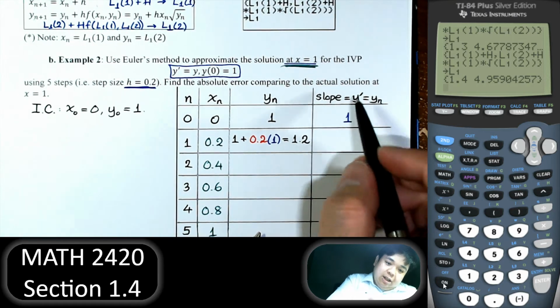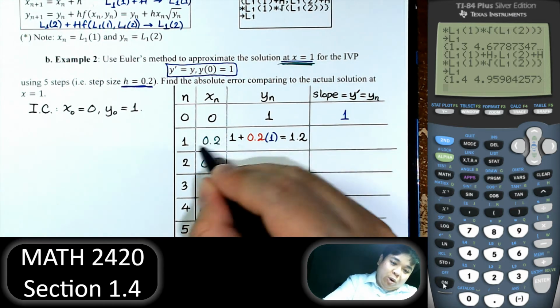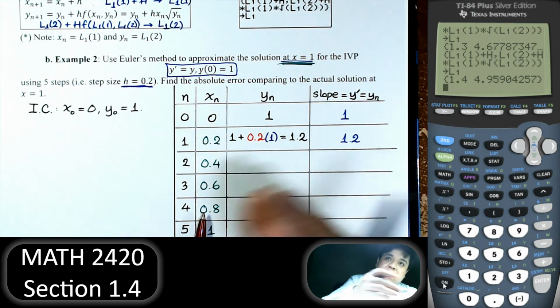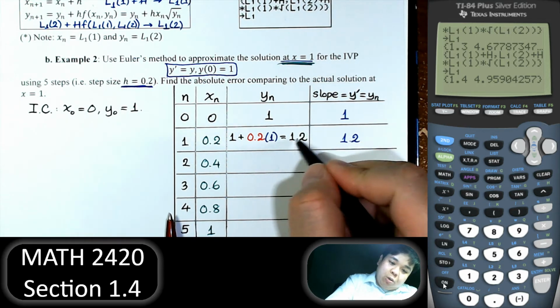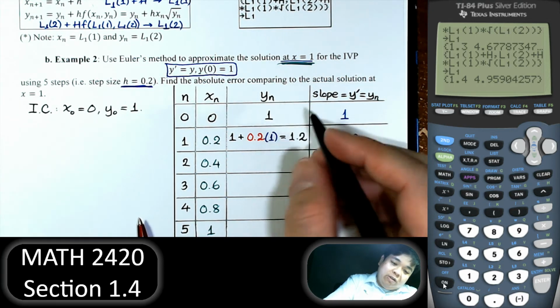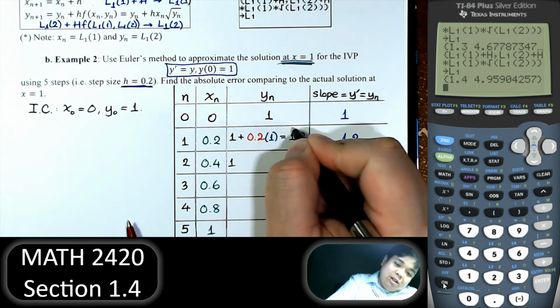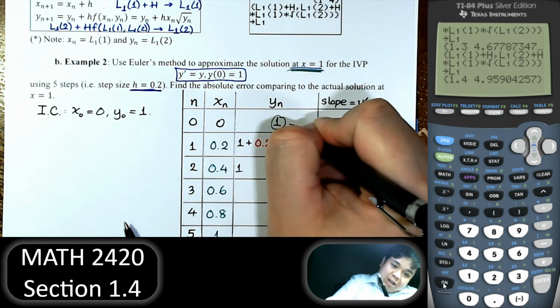Next, the slope is equal to just 1.2, so that's easy. With these values, it is 1.2, and we update from there. Next, y sub n. To update the y value, we start with the old y value.